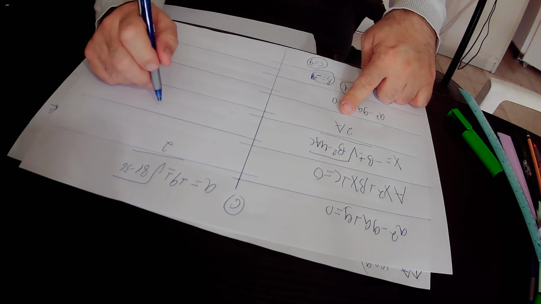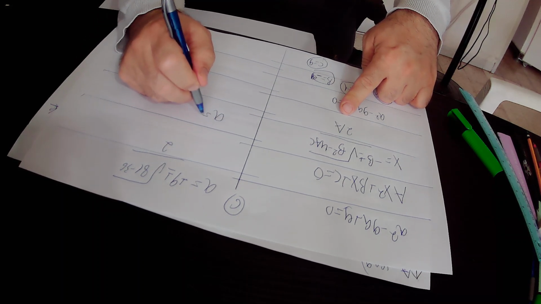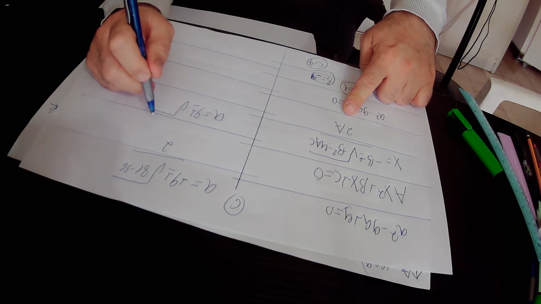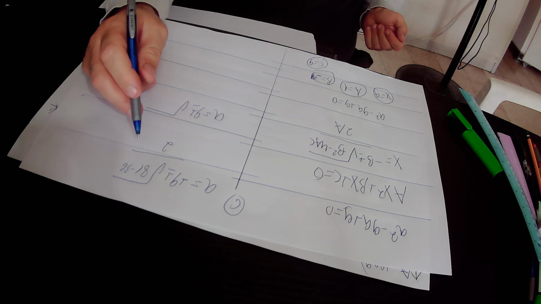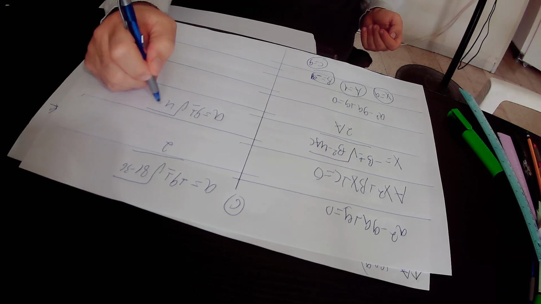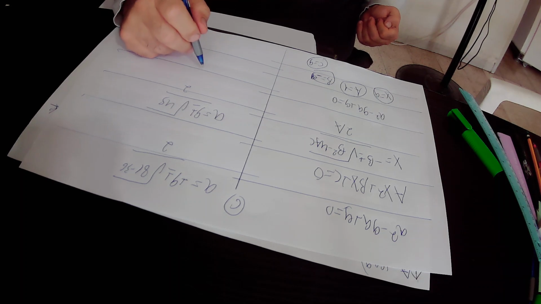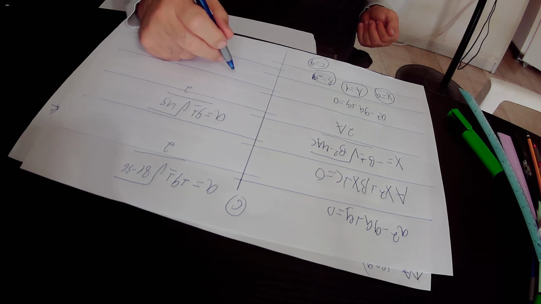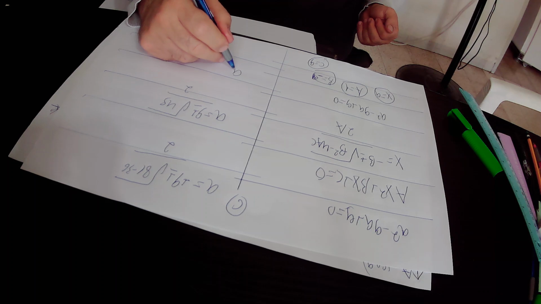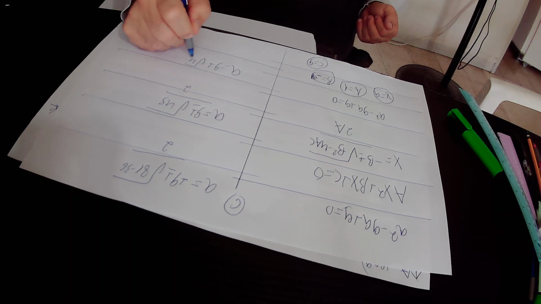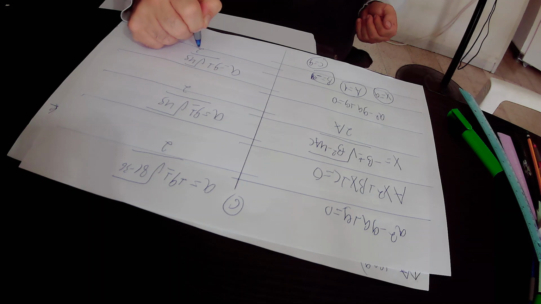In conclusion, a equals 9 plus or minus the square root. Inside the root we have 81 minus 36, which is 45, divided by 2. So here we have two possible solutions for a. The first solution is a equals 9 plus square root of 45 over 2.